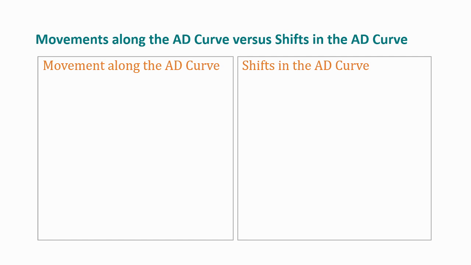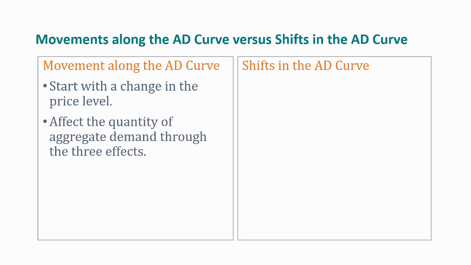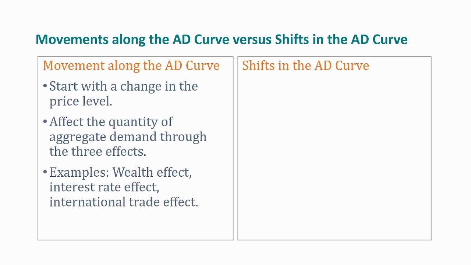You have to distinguish between a movement along and a shift in the AD curve. Moving along means that the AD curve does not change; there is only a movement along the demand curve.